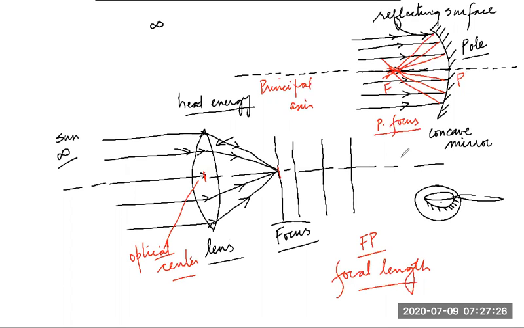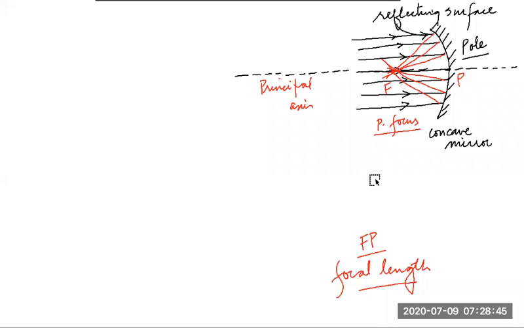Now guys, you see that, we have this concave mirror. Let's say the concave mirror is this. Now if we complete the circle of the concave mirror, students, there will be a center of this circle, right, in 2D.